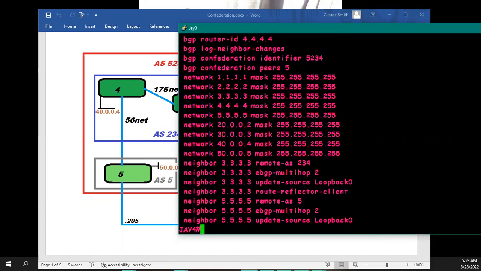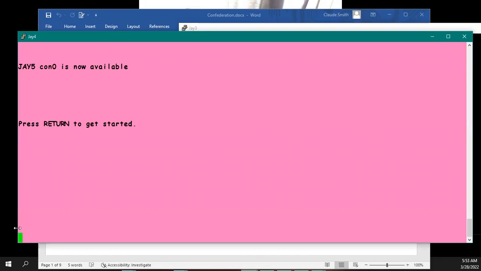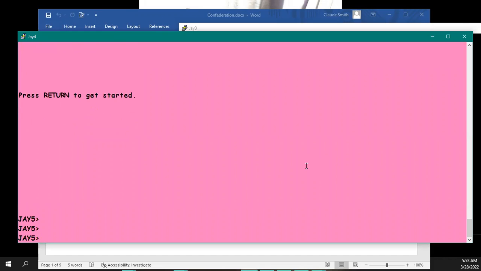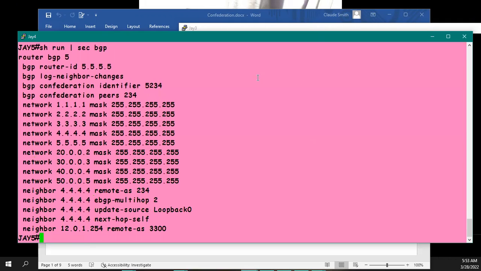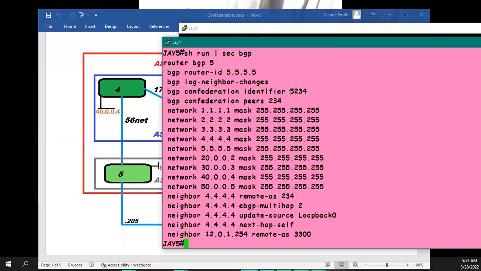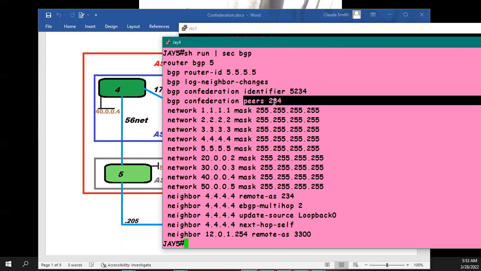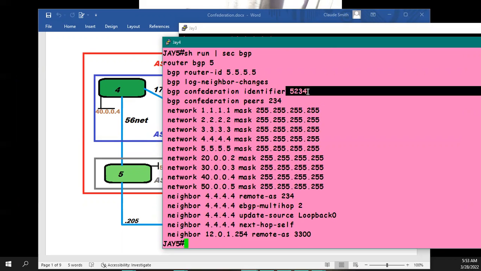Now, like I said, if you look at number 5, you'll see the same thing, except instead of autonomous system 5, you'll see autonomous system 234 as its peer, sub-autonomous system 234, which consists of routers 2, 3, and 4. And you also see the actual Confederation identifier itself.